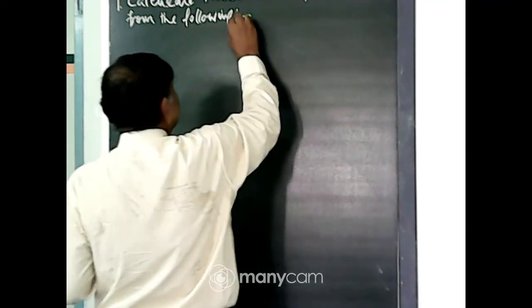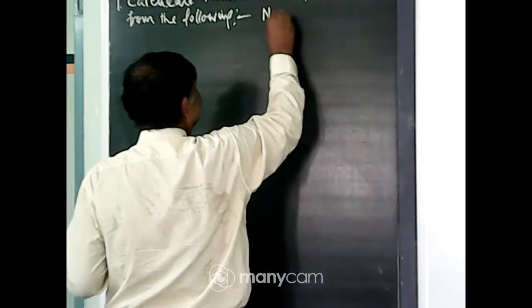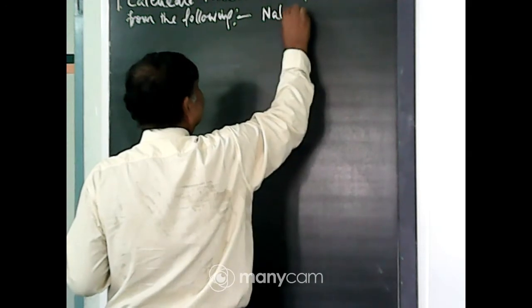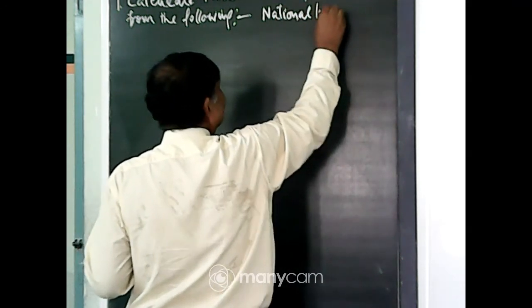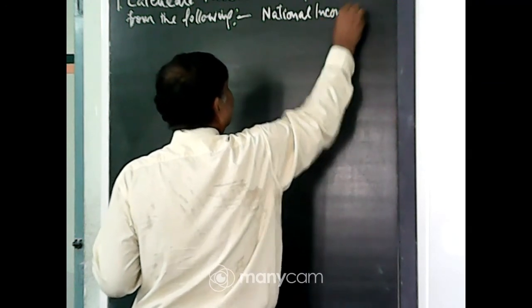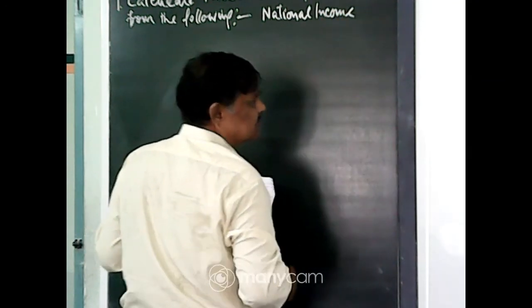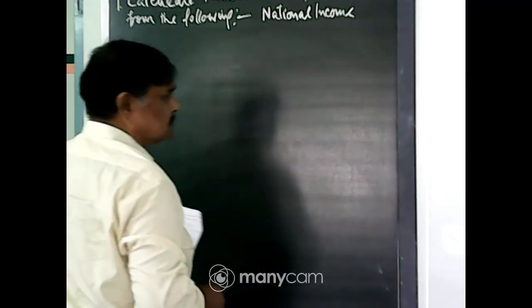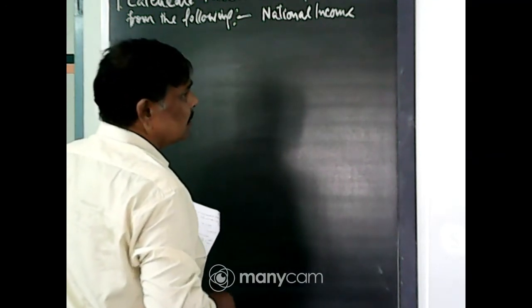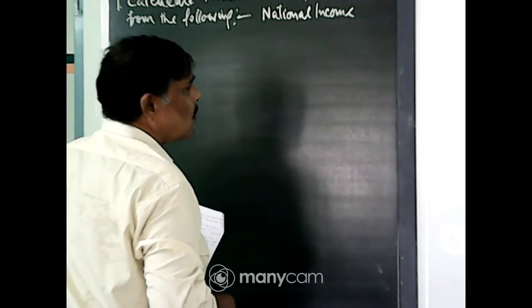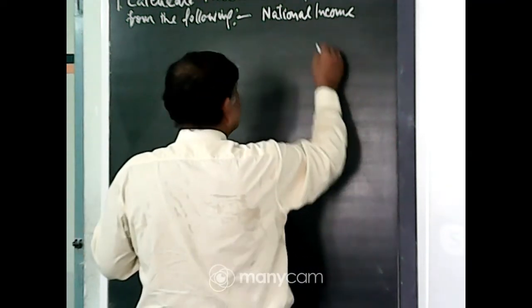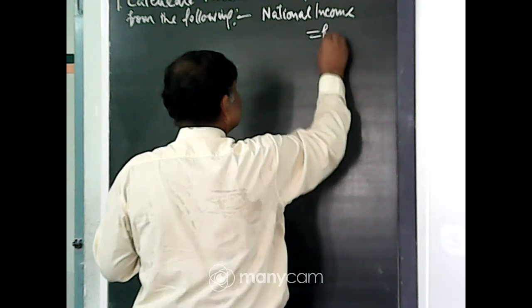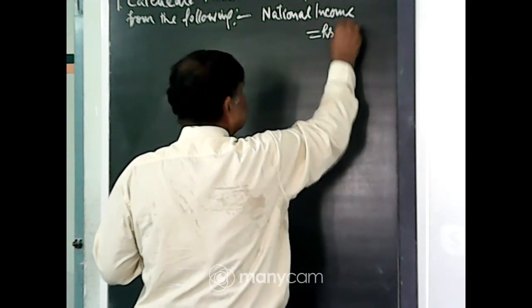National income is equal to rupees 1000.